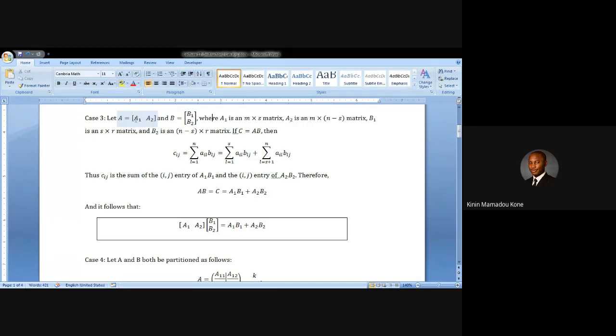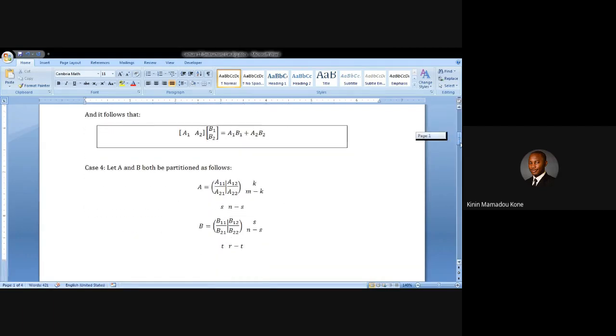Think about it as if this was a row vector, and this one as if it was a column vector. You take this row, this element times this column, this element, plus this element times this other element, and then you obtain the result. So it follows that A1 A2 times B1 B2 will be this product over here.